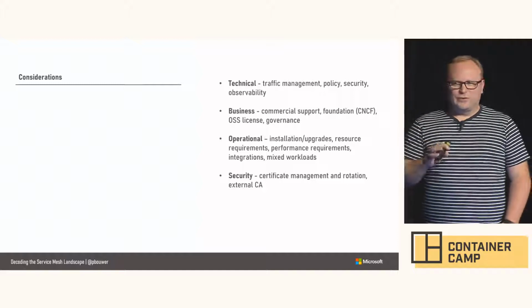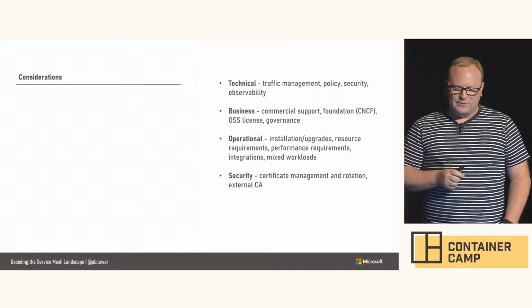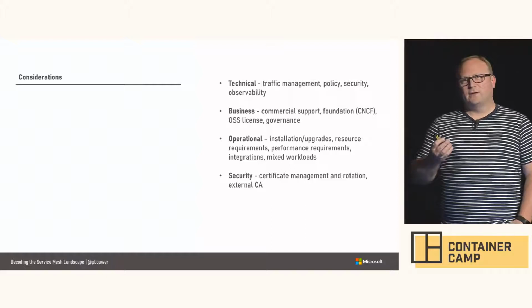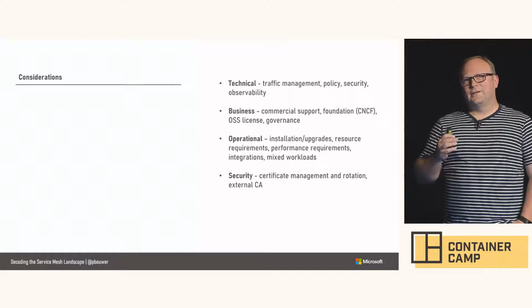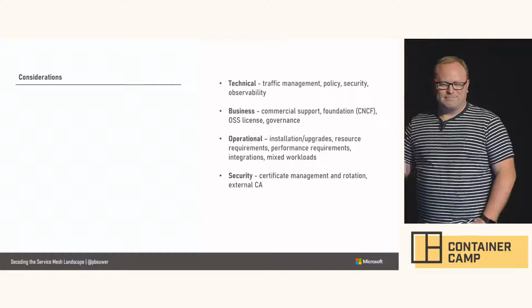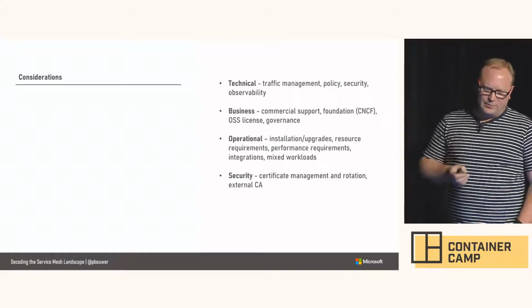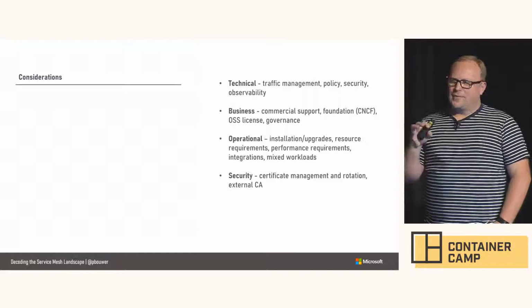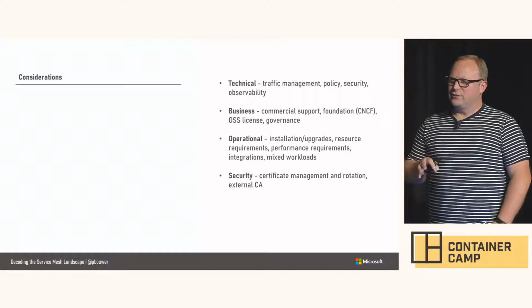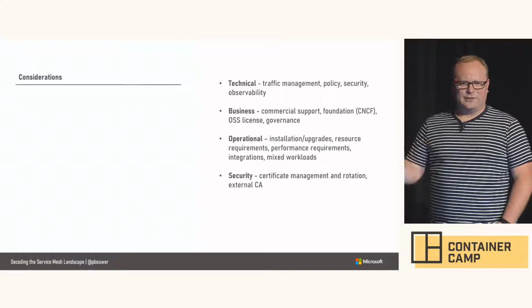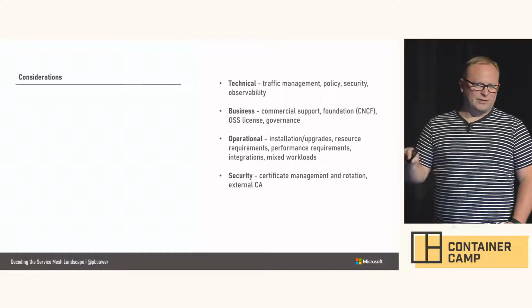Sometimes those types of things are important to certain customers. And then other customers may not like to take on board certain OSS licenses. I think most of these are fairly permissive, but if you're looking at this from a business point of view, make sure you ask these types of questions, because you may get far down the road and then find out the business won't let you actually run it.